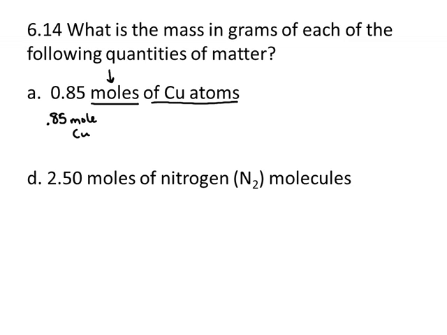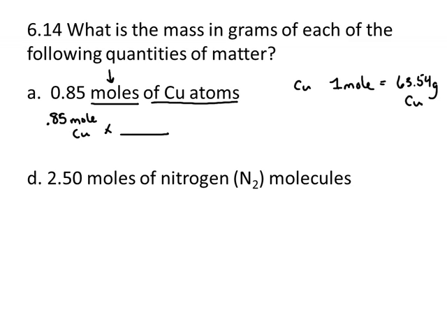And I want to figure out the grams of copper. And so I can look on the periodic table and find the molar mass, just like I could find the formula mass from the periodic table. And when I look there, I see that 1 mole of copper is 63.54 grams of copper. So there's my conversion.